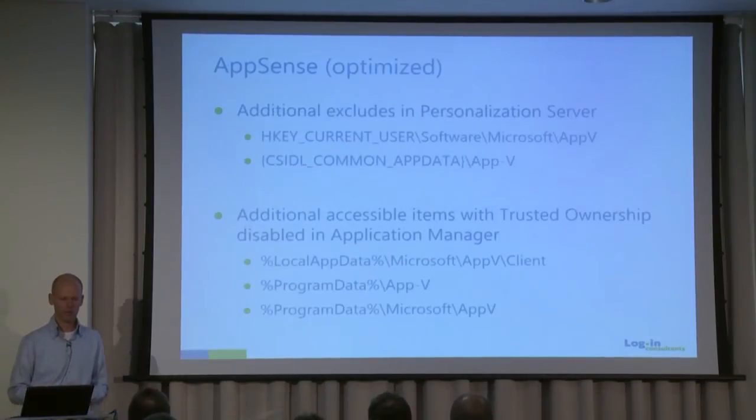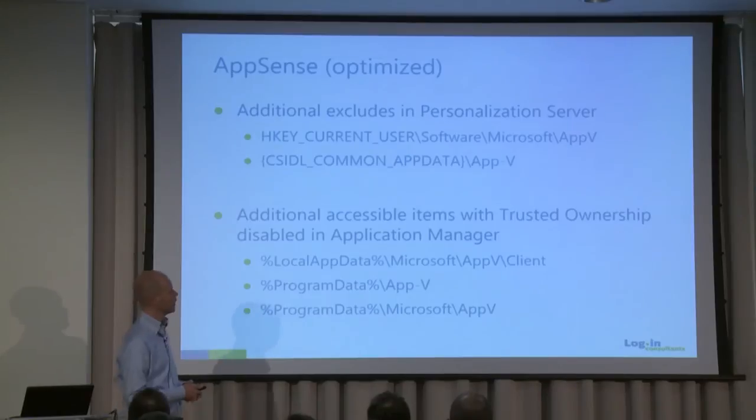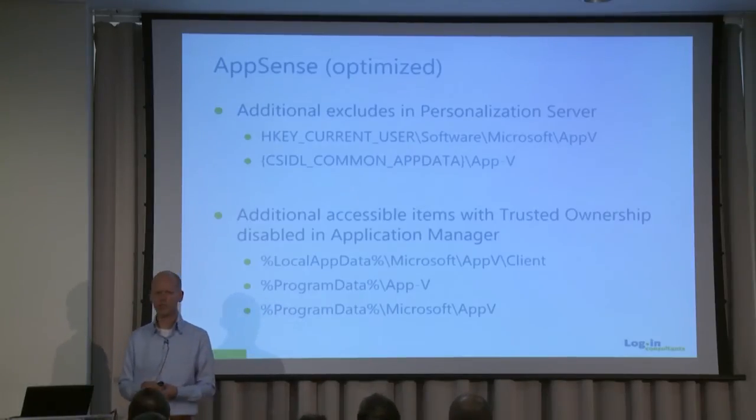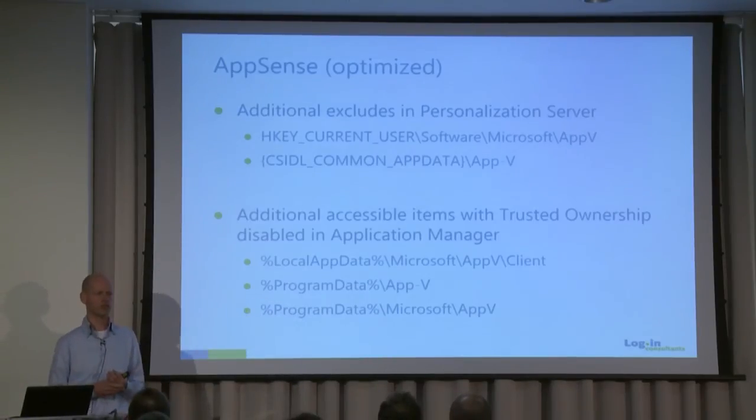We did have some additional excludes in the personalization server, because we saw that sometimes it picked up a little bit too much data. We excluded HKCU\Software\Microsoft\AppV, because it's not application related, and also the common app data AppV.